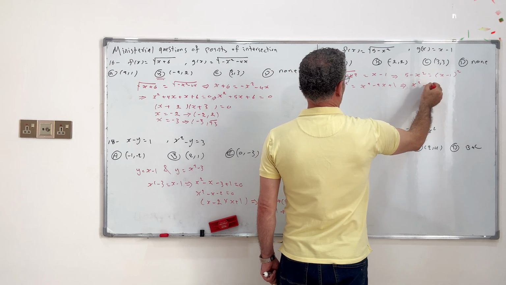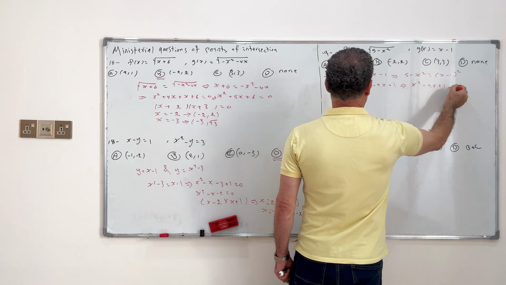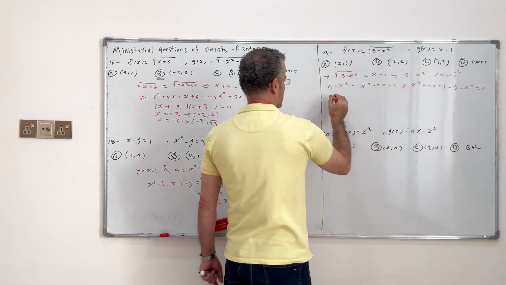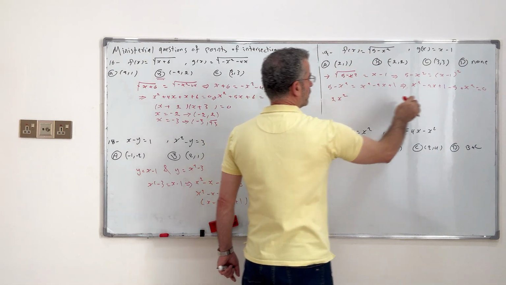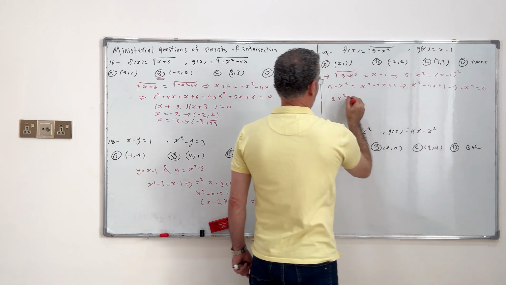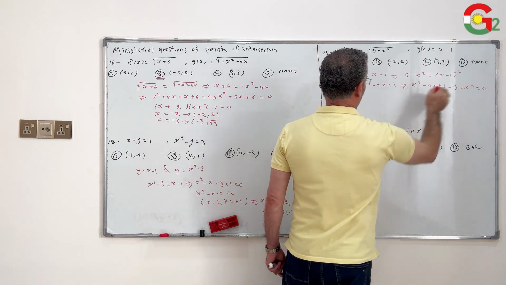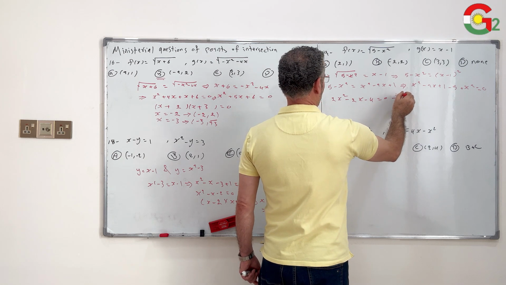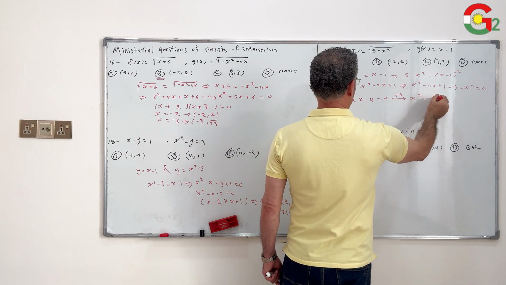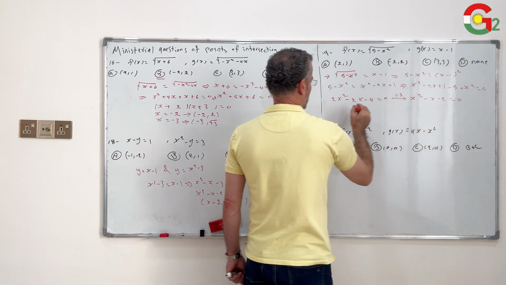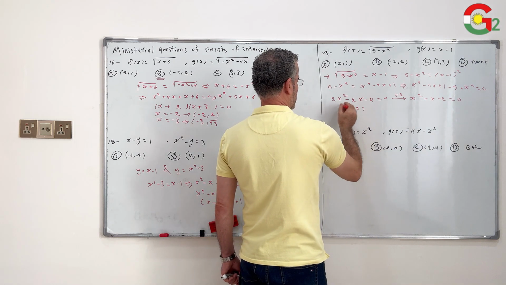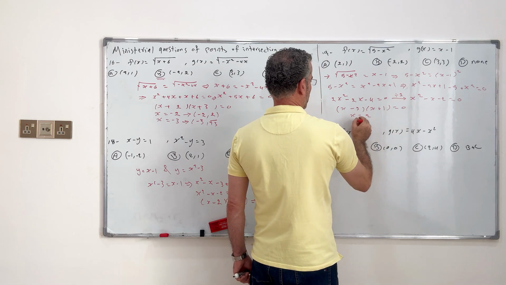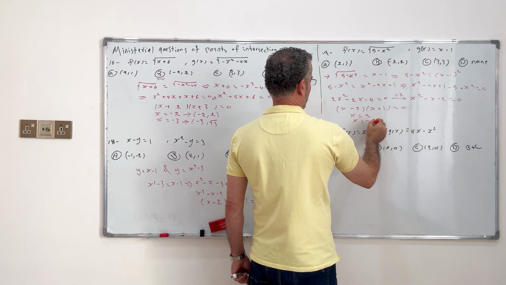Then x power 2 minus 2x plus 1 minus 5 plus x power 2 equals 0. x power 2 plus x power 2, 2x power 2, minus 2x minus 4 equals 0. Divide by 2, then x power 2 minus x minus 2 equals 0. By experiment, x minus 2, x plus 1 equals 0, x equals 2 or x equals negative 1.